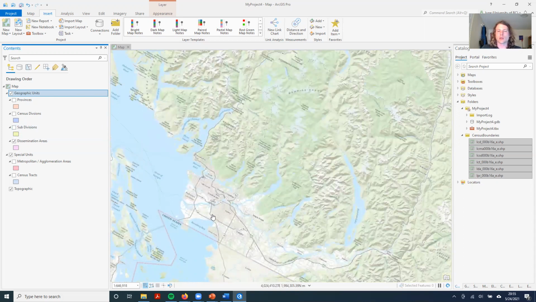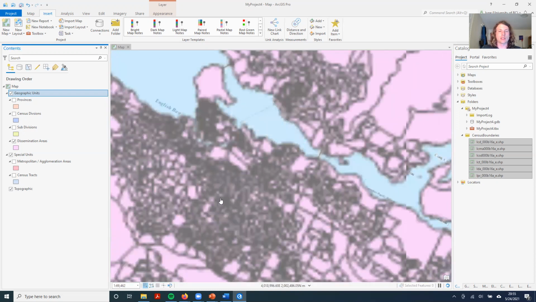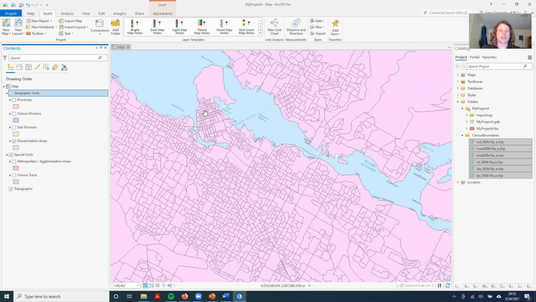And so these are the smallest census unit, and they're very, very small depending on the context of where you are. Like in downtown Vancouver, for instance, very densely populated area, very, very small census divisions, sometimes the size of a city block or less.